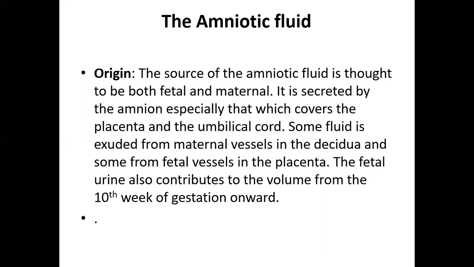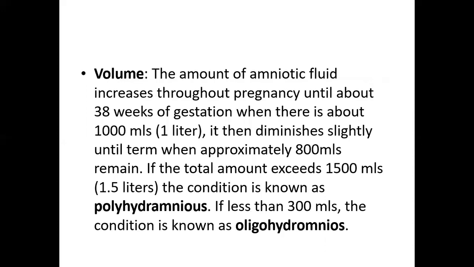And by the way, the urine is sterile at this time. The amount of the amniotic fluid increases throughout pregnancy until about 38 weeks of gestation, when there is about a liter. It then diminishes slightly until term, when approximately 800 mL remain.